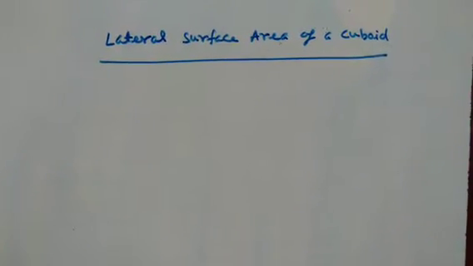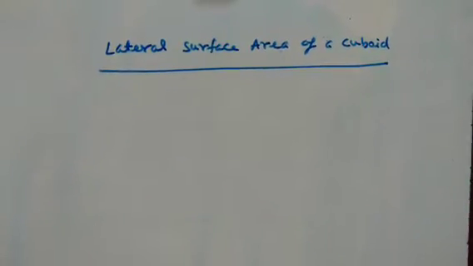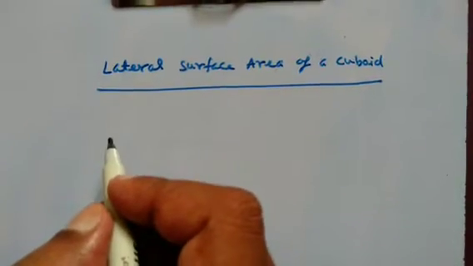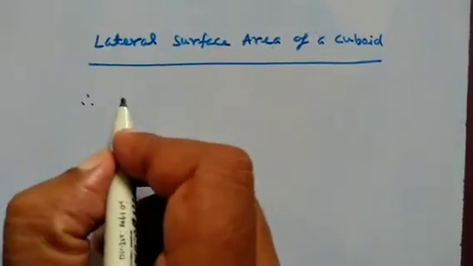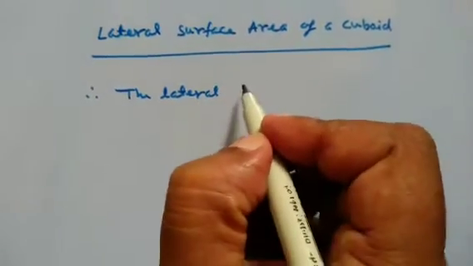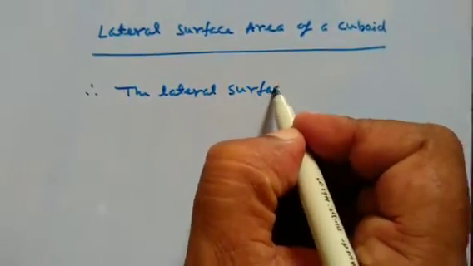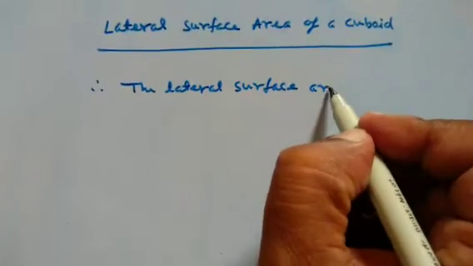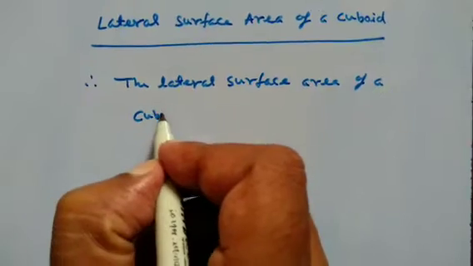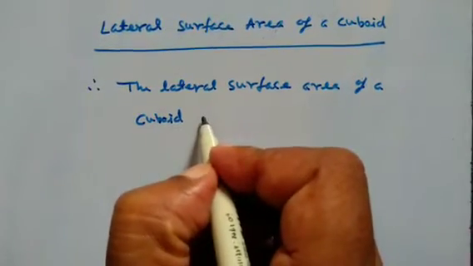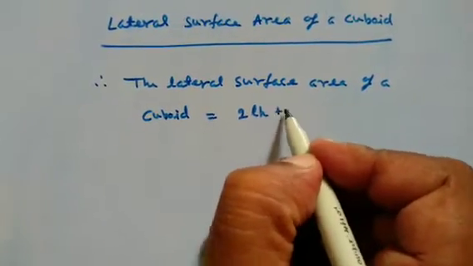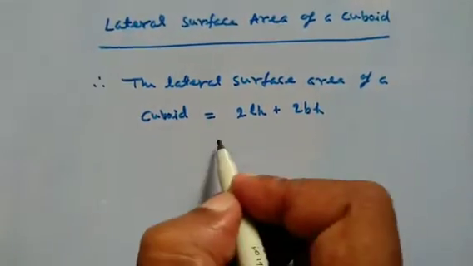We do not consider the area of base and top in lateral surface area. So the lateral surface area of a cuboid is equal to 2LH plus 2BH.